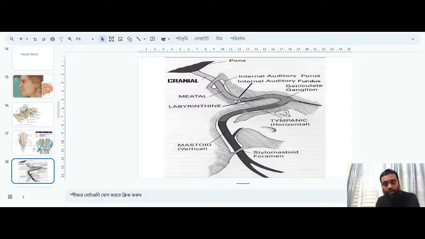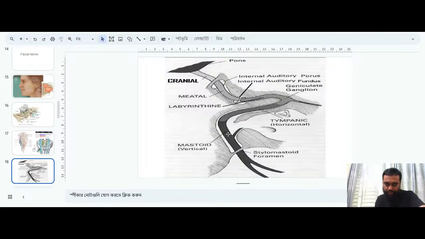Below the oval window, this facial nerve passes horizontally backward, and this is the tympanic segment of the facial nerve. After reaching the mastoid process, this facial nerve goes downward, forming the mastoid segment of the facial nerve.